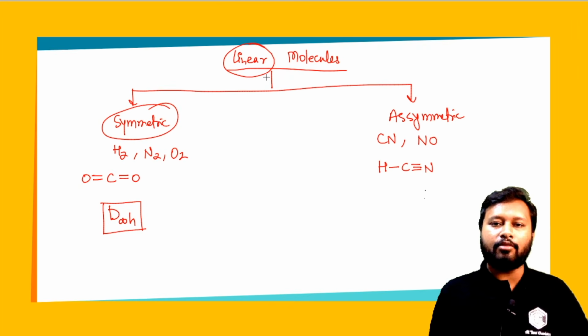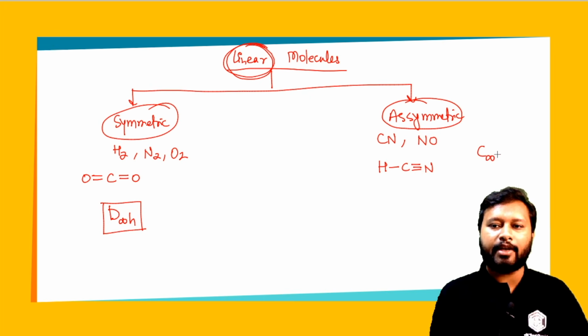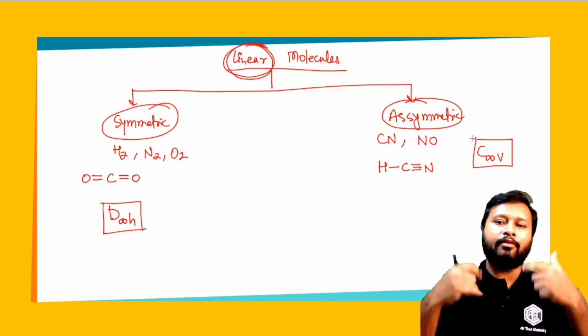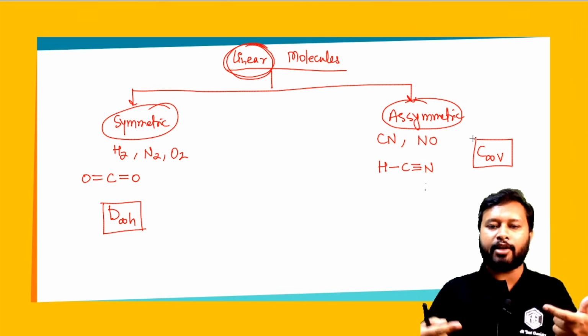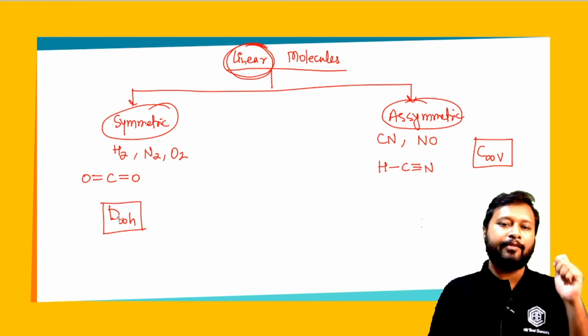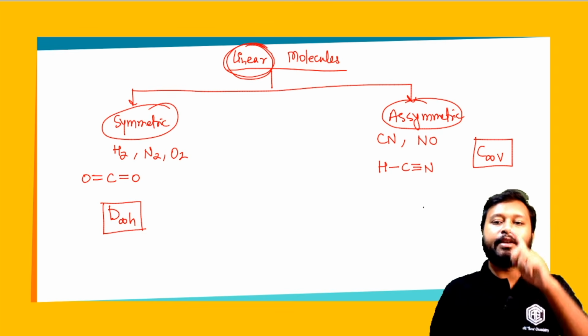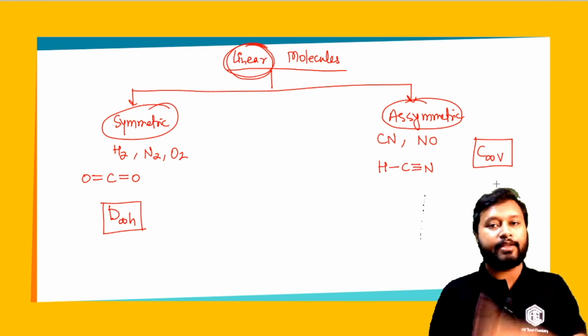And if the molecule is linear and asymmetric, the point group is going to be C infinity v. These 2 things you have to memorize, because any linear molecule has an infinite number of rotations, or the principal axis is infinite. That's why this infinity is coming. So D infinity h for a linear symmetric molecule, C infinity v for a linear asymmetric molecule.